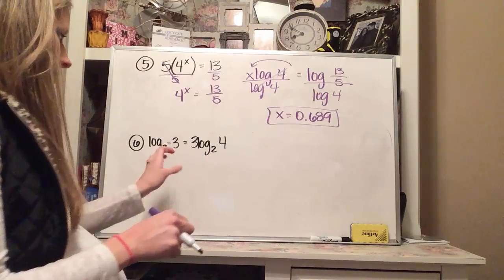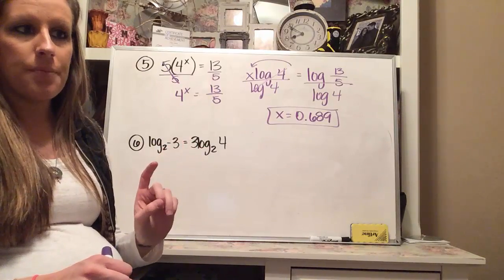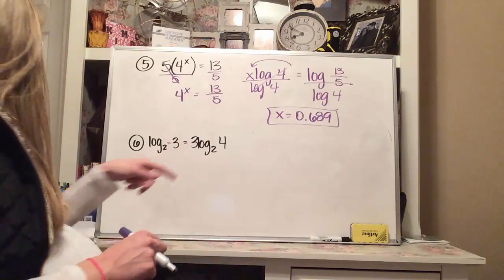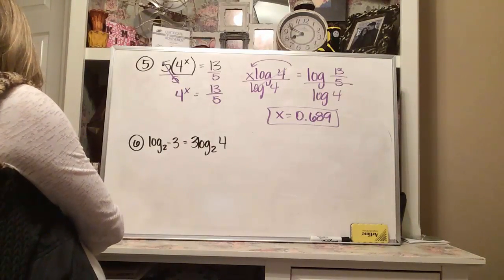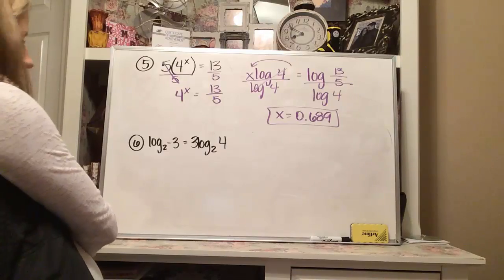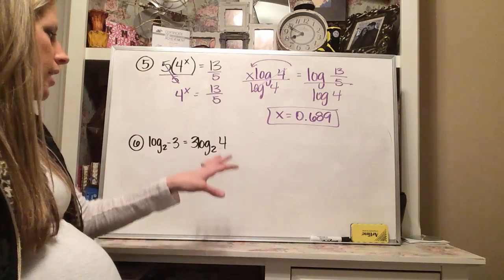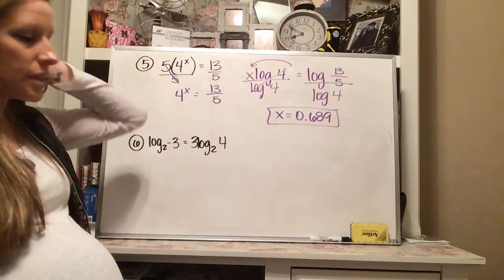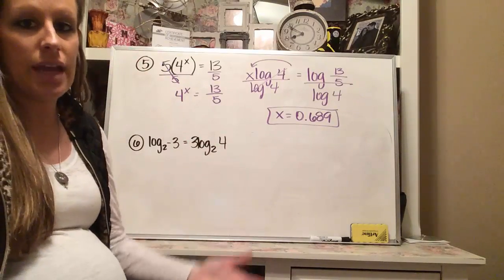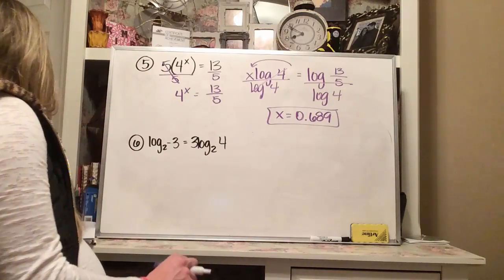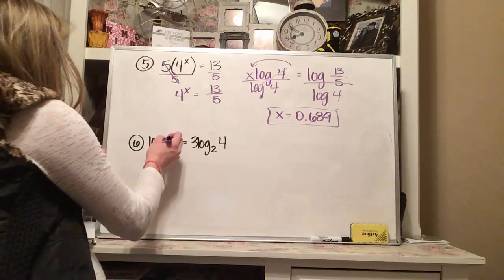And number 6. Number 6, we have one term that is a non-log term, that -3. So this is the first type of equation on your notes that it talks about, where we simplify this and then change it to an exponential equation and solve it. And I wrote this wrong. There should be an x here.